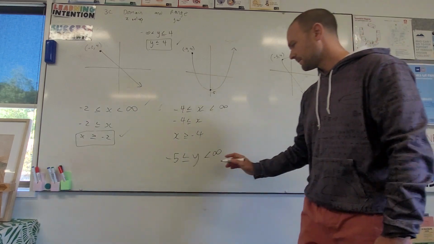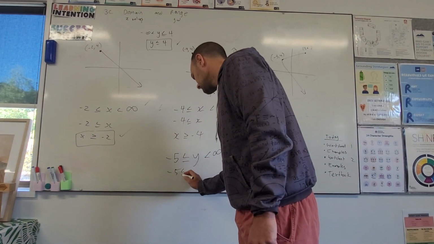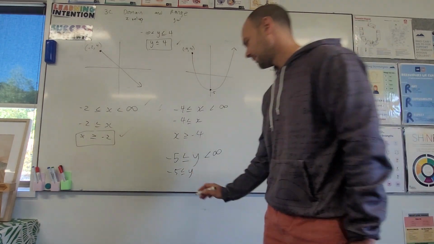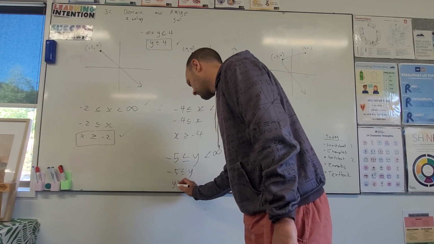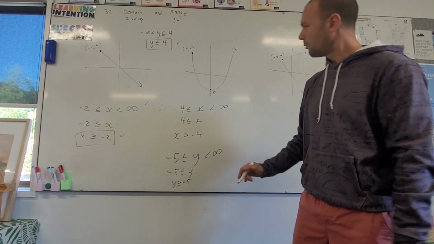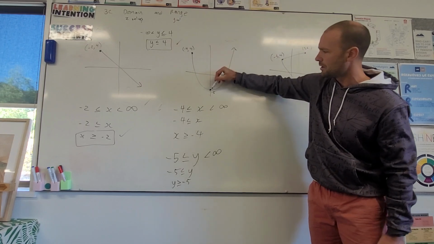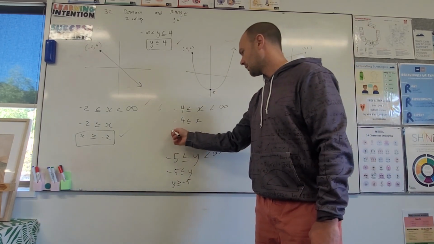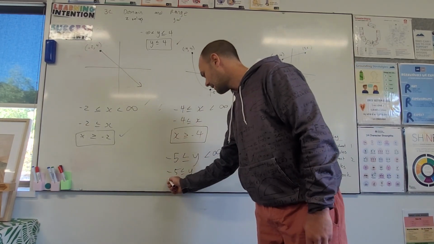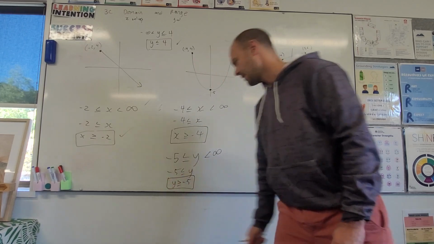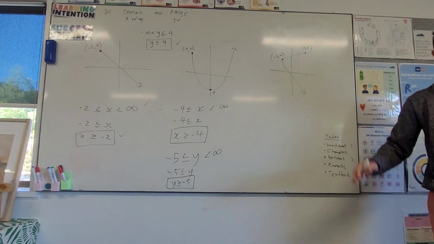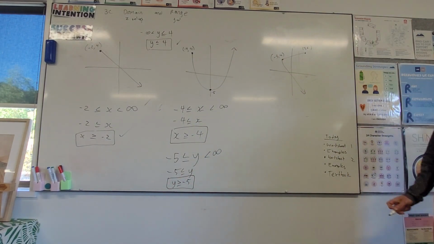We drop the infinity, and then we flip the inequality so that the variable is first. All y values are larger than or equal to -5. So that's our answer here and our answer here. If those steps help, please use them.